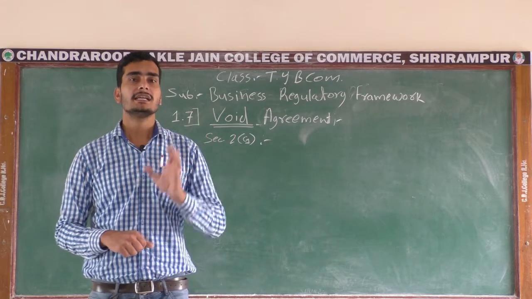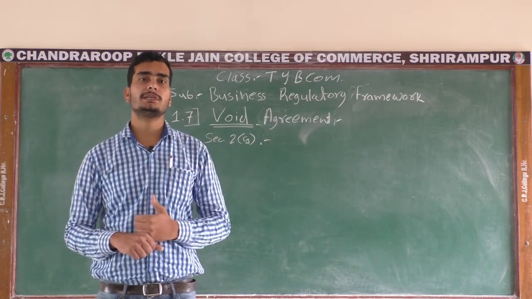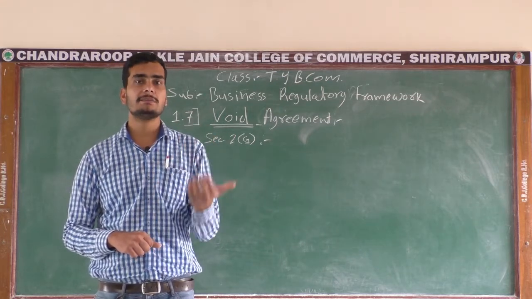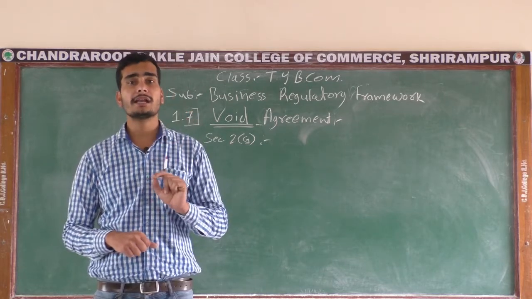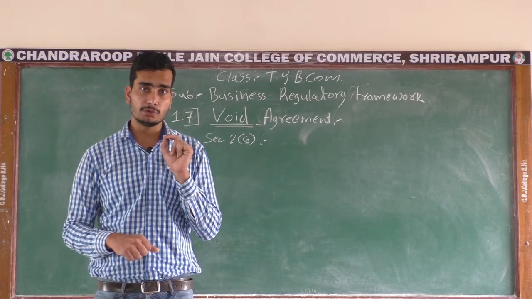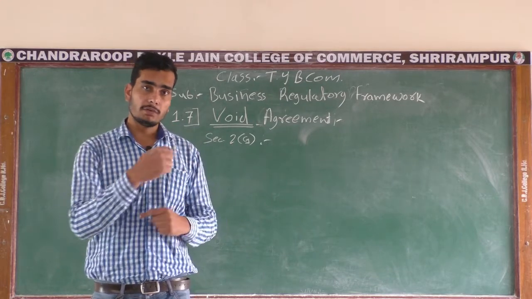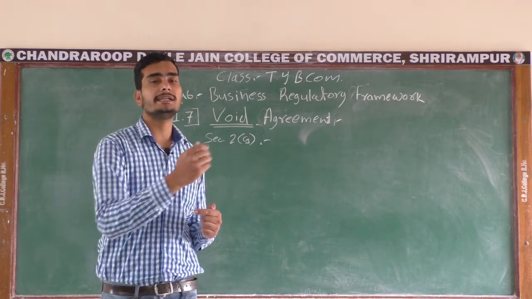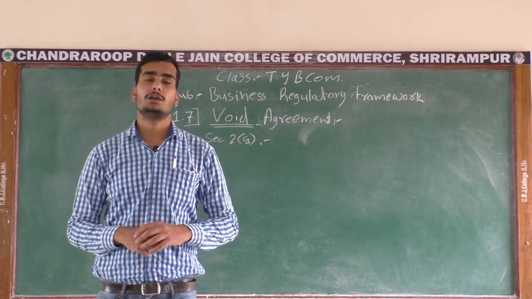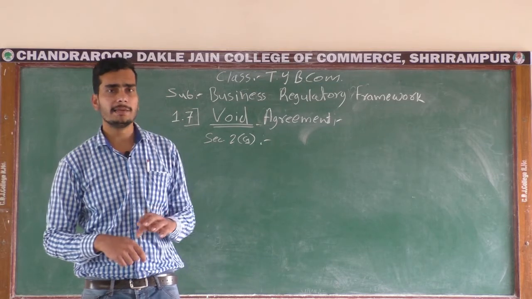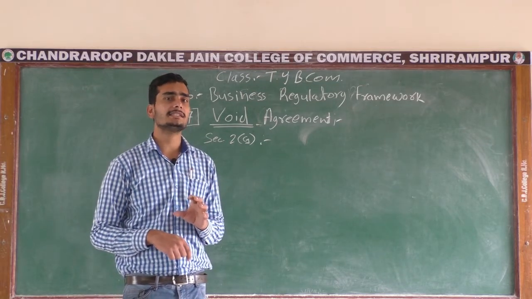In certain cases, if the contract is valid when made and after some time becomes void, then it is declared void by law when it is unable to fulfill the law's enforcement. You have to understand this concept.